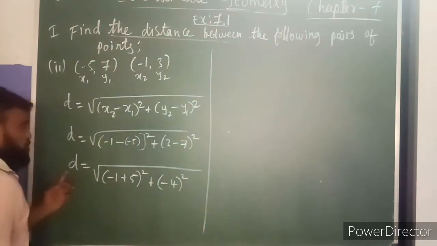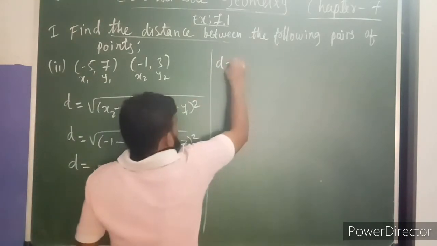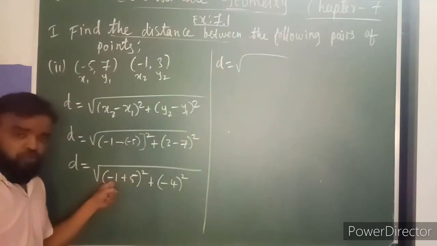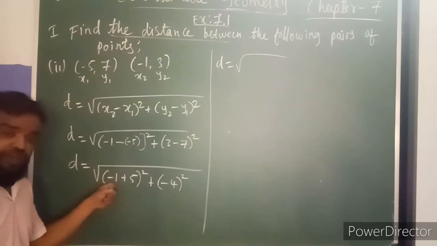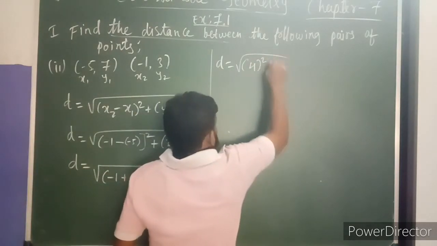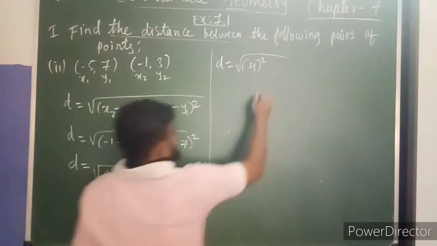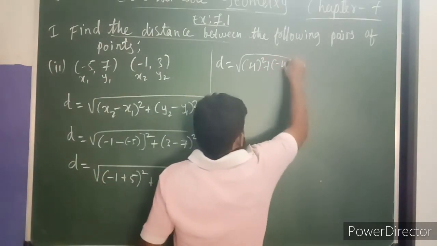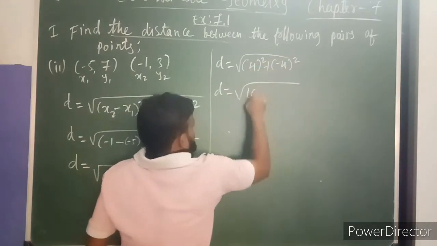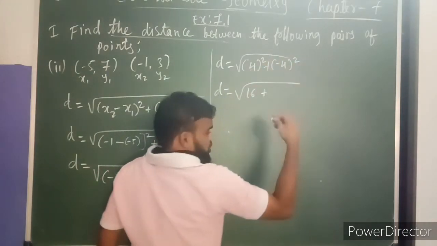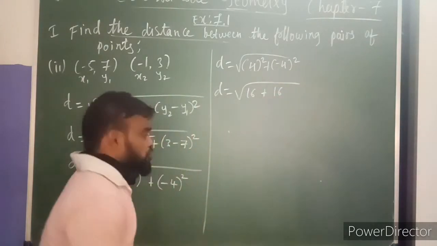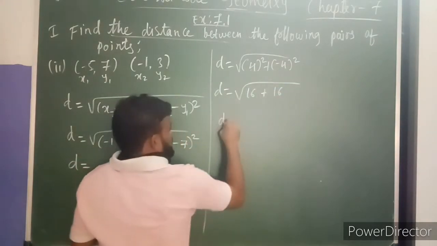Continuing, d is equal to the square root of (plus 5 minus 1, that is 4) whole square plus (minus 4) whole square. And d is equal to the square root of 4 square, which is 16, plus (minus 4) square, minus into minus is plus, 16. So we have to add this.